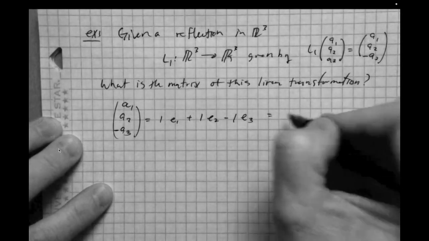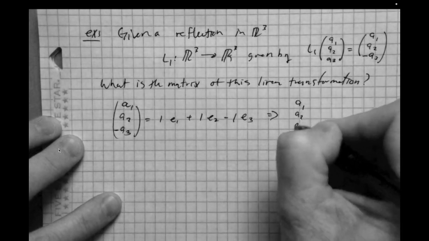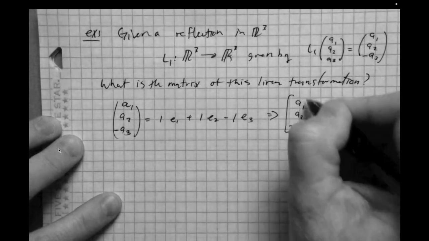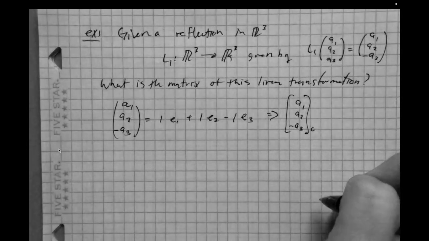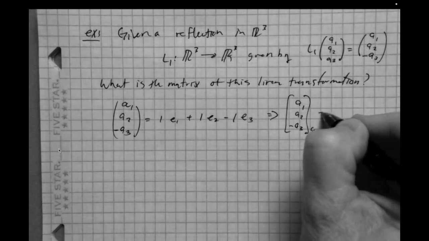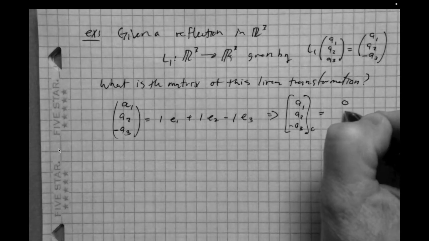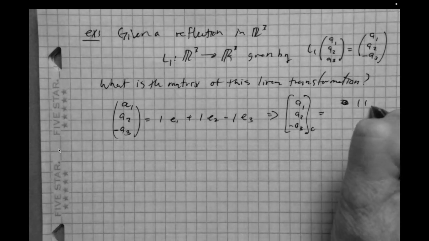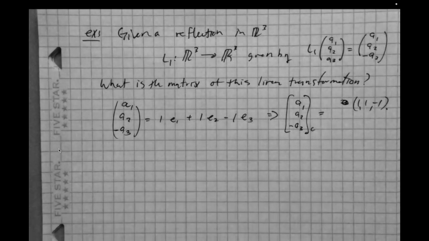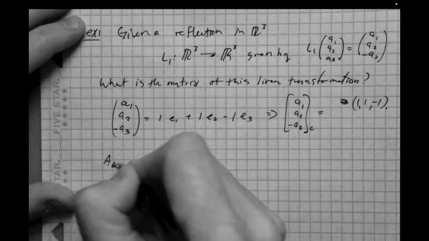And so that implies A1, A2, negative A3 coordinatized under the standard basis for R3 would be equal to 1, 1, negative 1.